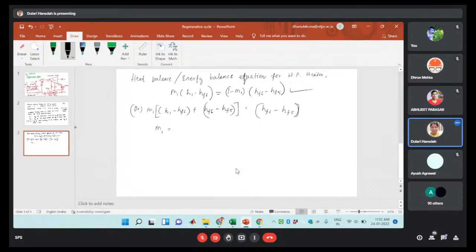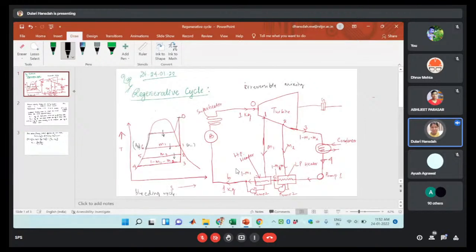M1 is nothing but the kg of high pressure steam entering the heater per kg of steam flow. So M1 is equal to (HF6 minus HF5) divided by (H1 minus HF5). How will you get HF6 and HF5? You can get them from the Mollier diagram, or from the steam table properties by knowing the pressure of the steam which is bleeding off in the first stage.